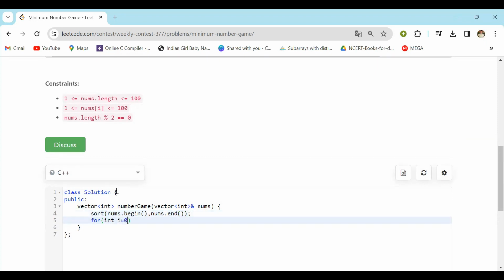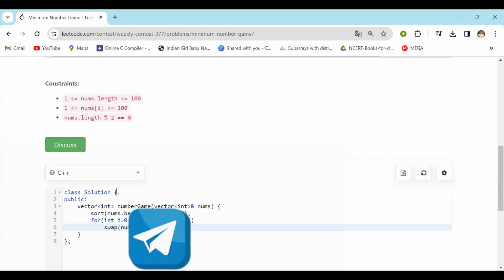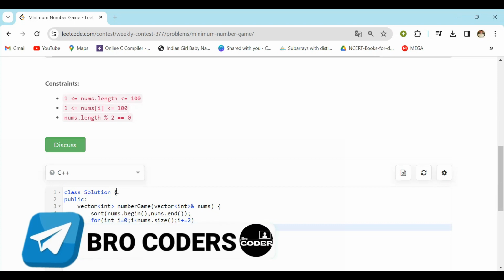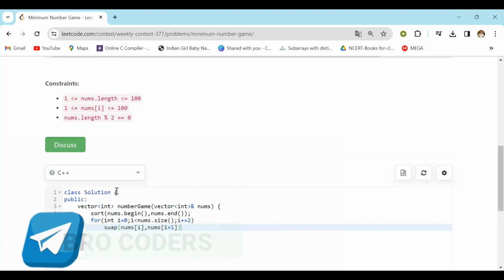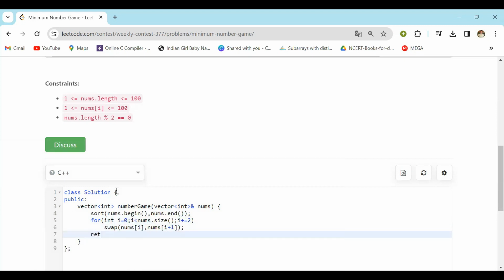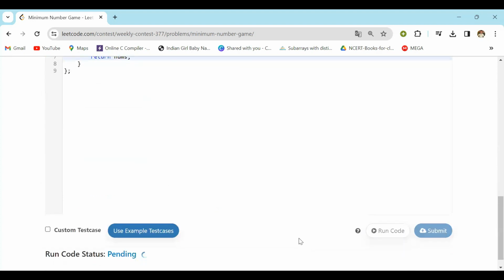For int i = 0; i less than nums.size(); i += 2, we swap the first and second element, then the third and fourth, and similarly, and return this array. This is our answer. Simple. I think this should work.